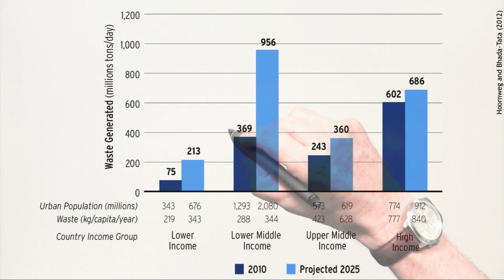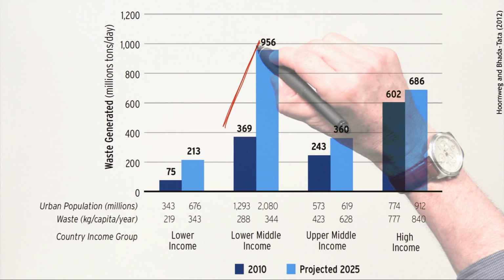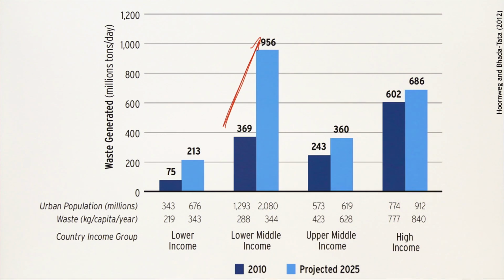What you see clearly here is that the increase will be mostly pronounced in the lower middle income countries. This is mainly due to a large population increase projected for 2025 in these countries.